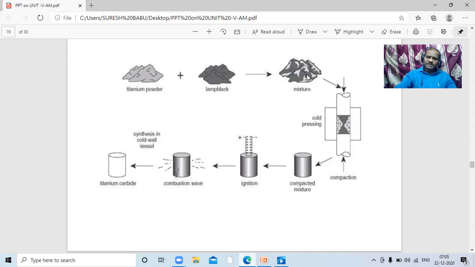For this synthesis, we are going to take a material, we can call it a die. It may be hollow type, and this prepared material is introduced into this hollow one. If you observe, it is like a shaft, but ultimately it will be like this.